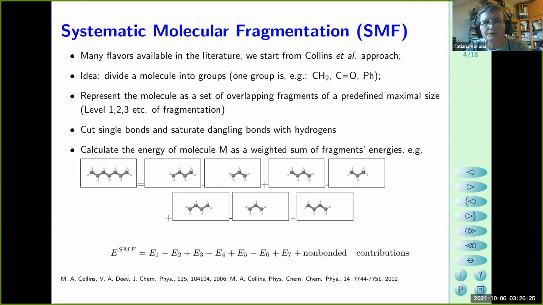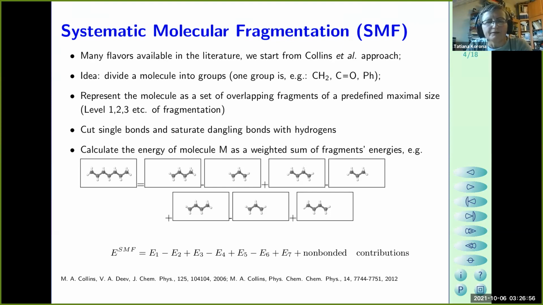His idea was to divide a molecule into groups, where one group is one atom with hydrogens, or a group of atoms connected with double or triple bonds, or, for instance, a phenyl group is also one group. One then represents a molecule as a set of overlapping fragments with a predefined size in terms of these groups.